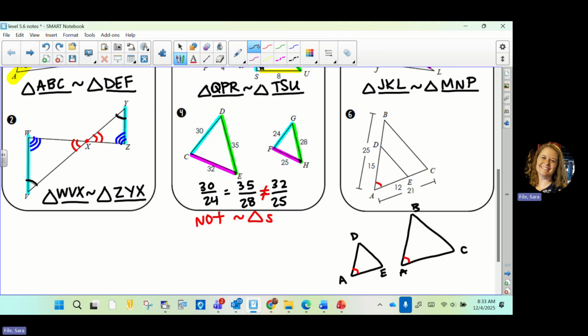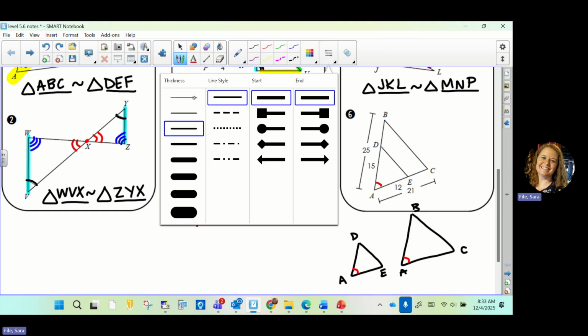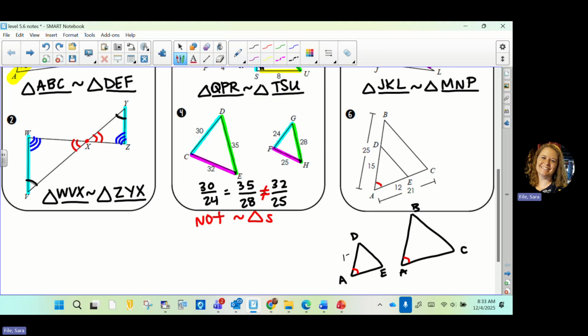So in the small triangle, this is 15 and 12. And in the large triangle, they say this is 25 and 21. Now, sometimes instead of giving you the entire side length like this, if they gave you that little piece, what would you have to do to get the entire side length?